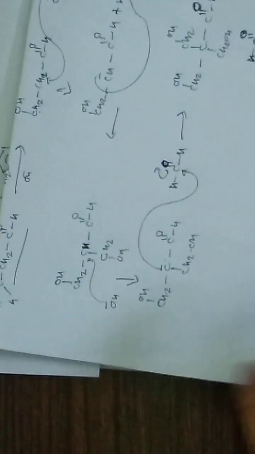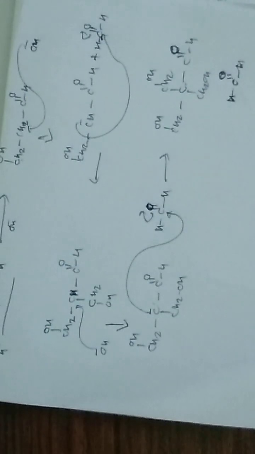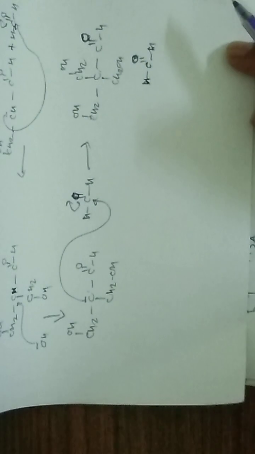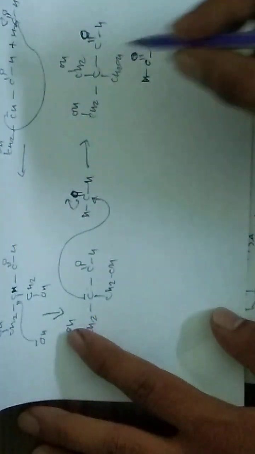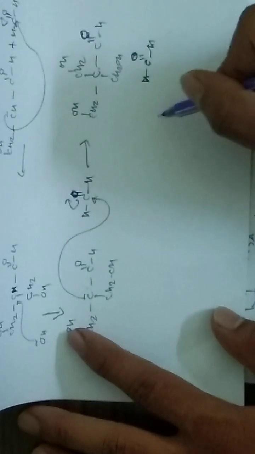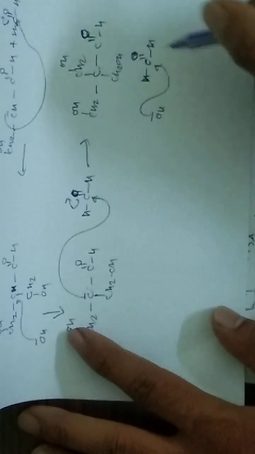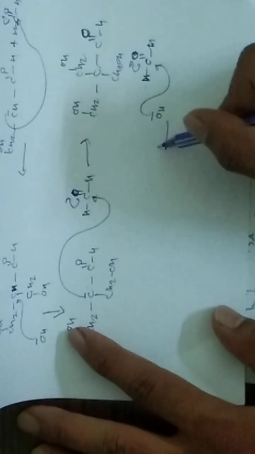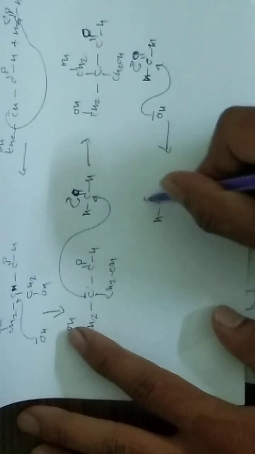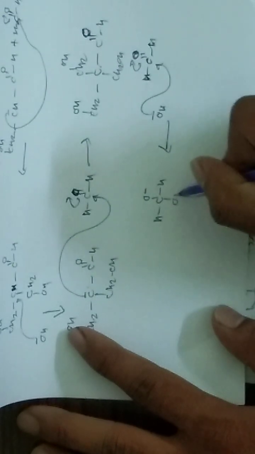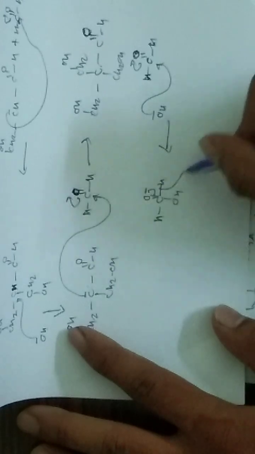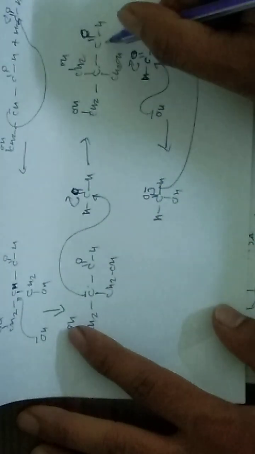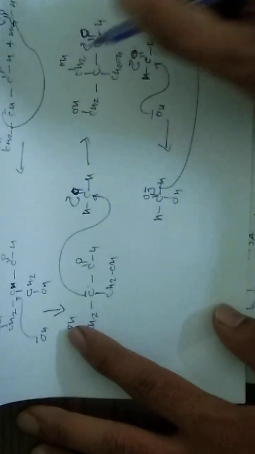Now, how will the Cannizzaro reaction happen? I already told you that OH minus will attack the formaldehyde because it has less steric hindrance than this other molecule. So therefore OH minus will attack here. This bond will open, so formaldehyde gives O minus, H, OH. This will come back, and there is transfer of hydride ion. Therefore this hydride ion will attack that carbonyl carbon. This bond will open.